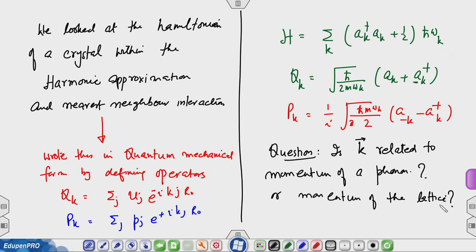And what does it mean? Well, usually when you look at free particles and write a wave function like e raised to i k dot r, that k is related to the momentum. So, is that the case here also? What I am going to show you is that this k does behave like momentum, but it is not the momentum, and it is related to something else. The physical phenomenon is something called the phase matching of waves.